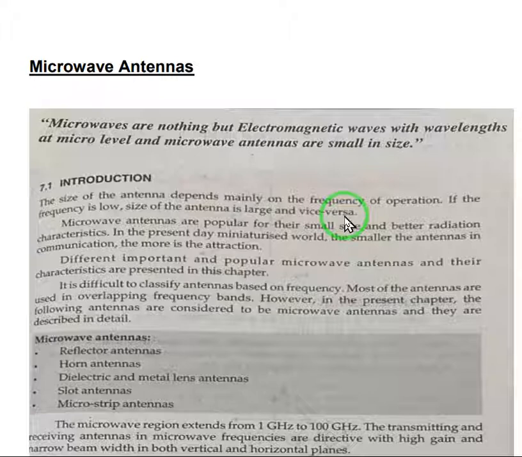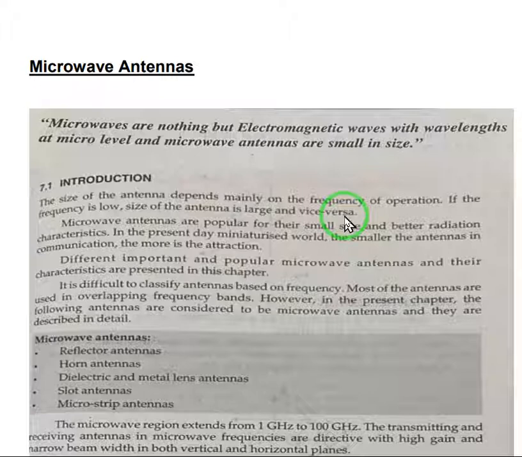From this spectrum it is known that microwaves are the waves which have wavelengths at micro level, very small wavelengths. And as we know from the relation that lambda is equal to c by f, that means length and the frequency are inversely proportional. That means the higher the frequency, the smaller the size of the antenna.